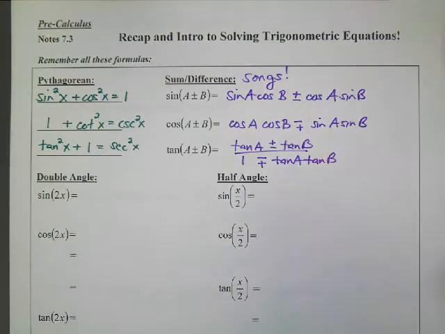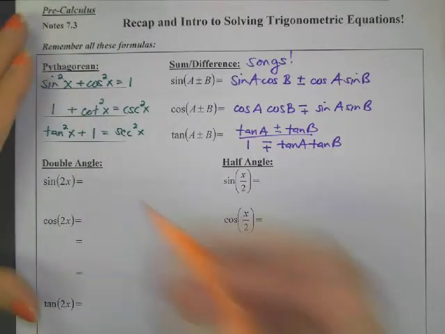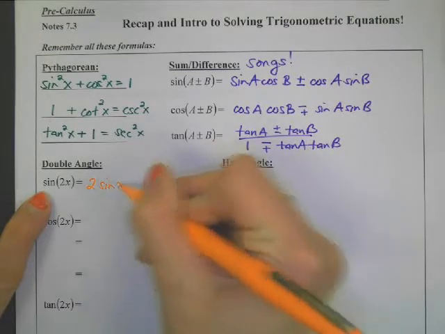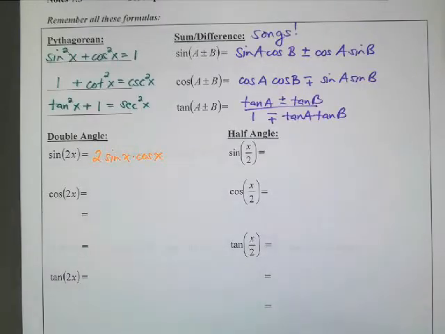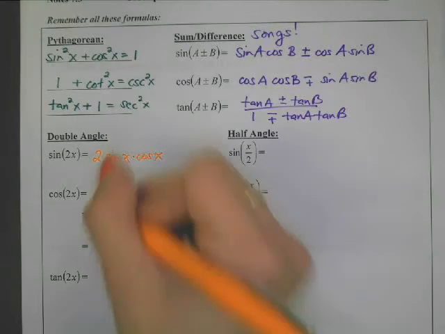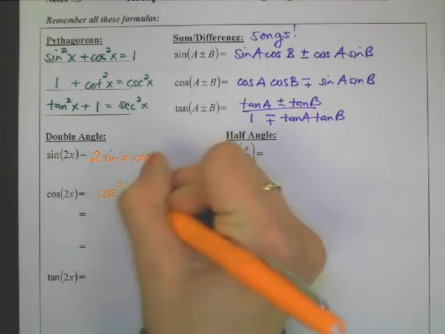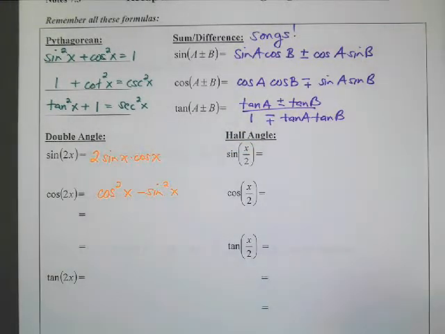Okay, very good. The double angles. If you forget these, you could always do sine of x plus x, or hopefully by now you remember 2 sine x times cosine of x. Cosine had a variety of formulas. Cosine of 2x is cosine squared of x minus sine squared of x.